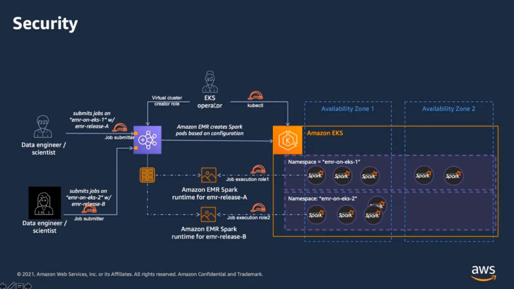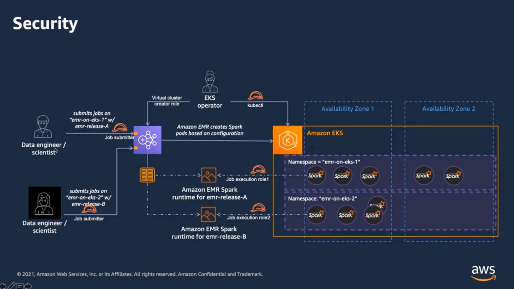Here you can see that in the job flow diagram. The EKS operator can use kubectl to talk to your EKS cluster. If it is a different IAM role, you change the AWS auth config map. Then the IAM role the EKS operator uses to create the virtual cluster needs to have the appropriate policy to do that, and that is in the EMR getting started guide.